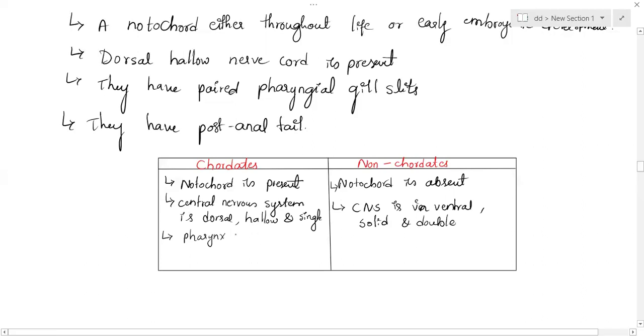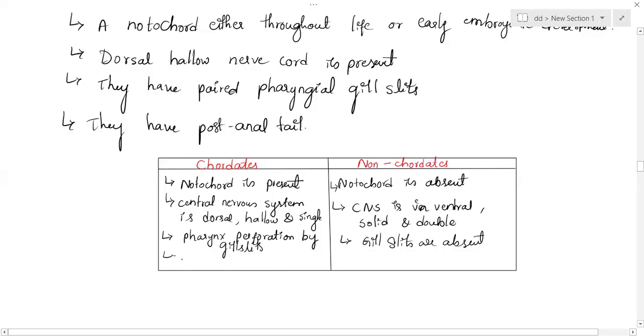Here in the pharynx, there is a perforation by gill slits. Here, gill slits are totally absent in the non-chordates.